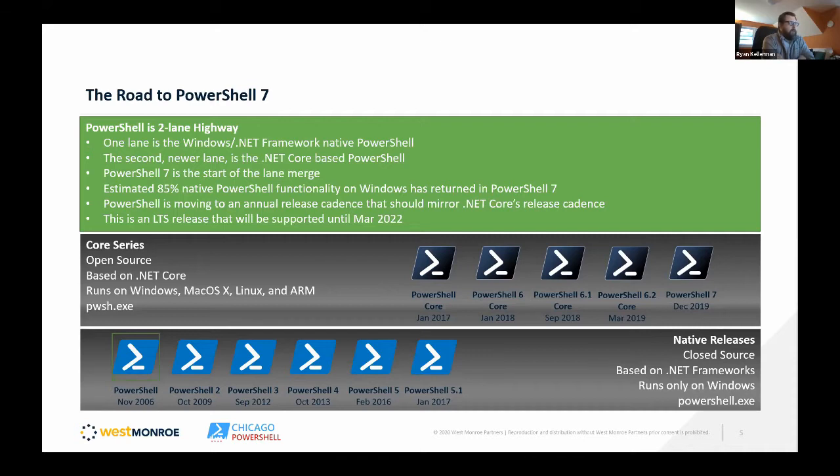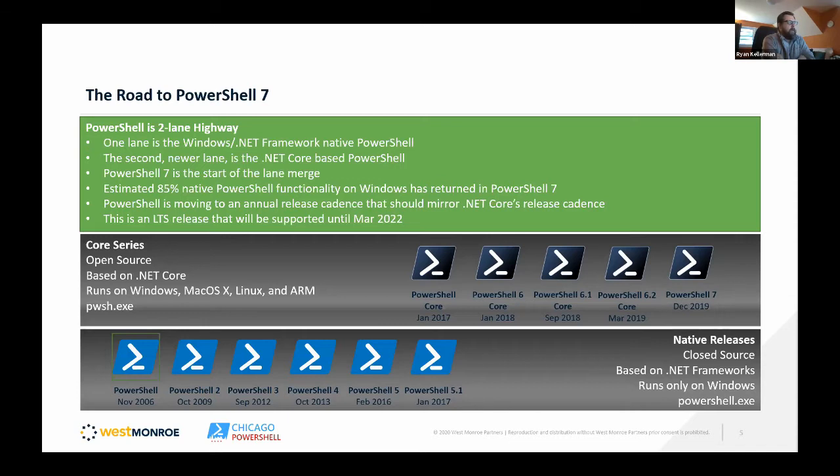It's reported at this point that about 85% of the native functionality of PowerShell native has been built in through modules and other processes into PowerShell Core. So getting closer and closer to that idealized state. Microsoft is continuing to do development work in that direction, getting us closer and closer to entire parity of the native features being available on the Core releases.